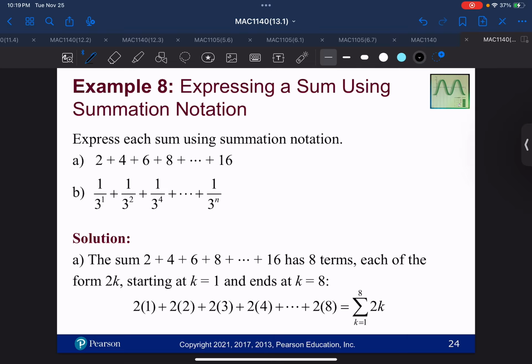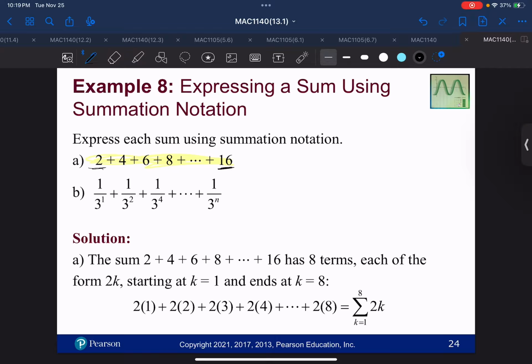Okay, so this one wants us to express each sum using summation notation. So we look at this sum, which is saying 2 plus 4 plus 6 plus 8 plus ... plus 16. So I know that it'll be stopping at some point because it has a stopping point, it has a starting point. These are all multiples of 2: 2, 4, 6, 8.